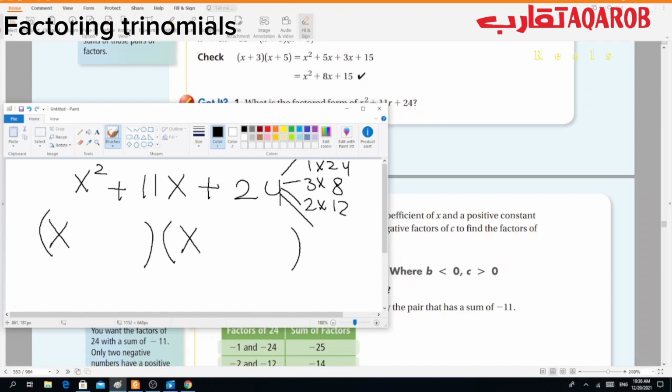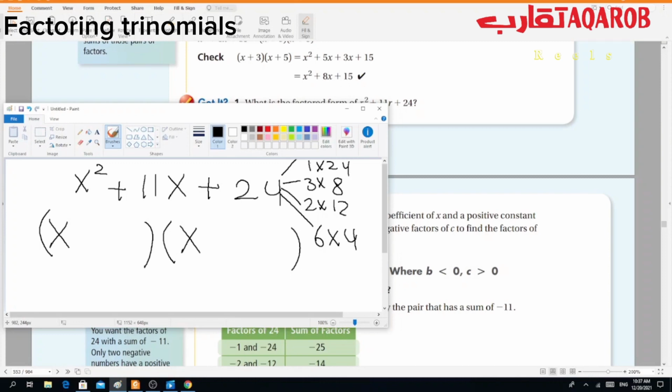It's 6 times 4. Okay? So I have 4 options. I have a lot of options, but it will be easier for me to decide if I first take the signs into consideration.